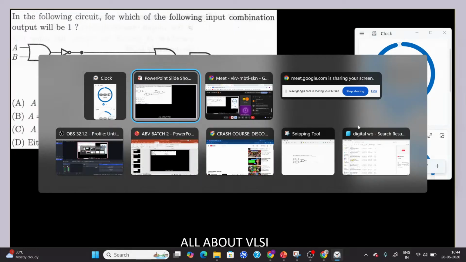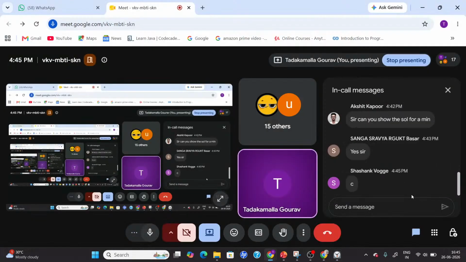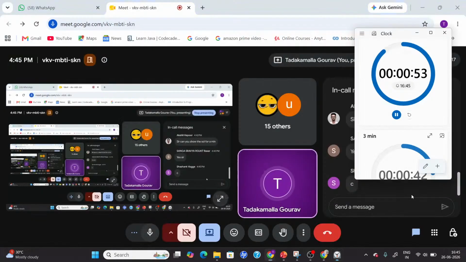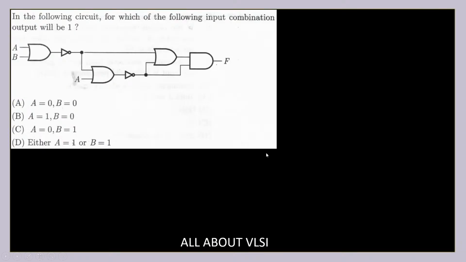Anyone getting the answer? Option C. Okay, I got one answer already.